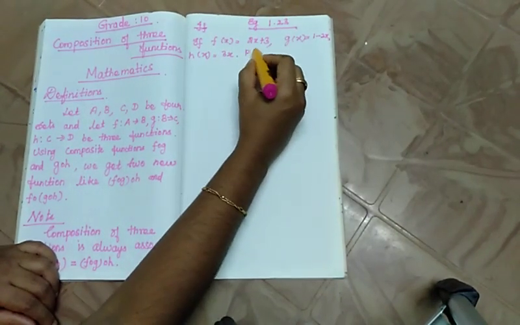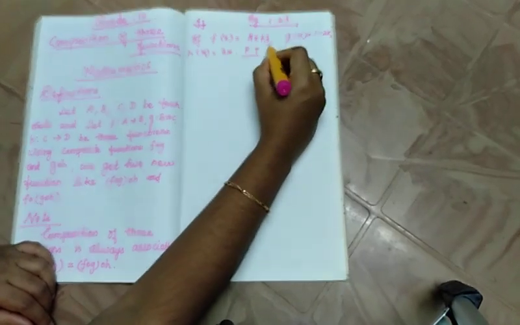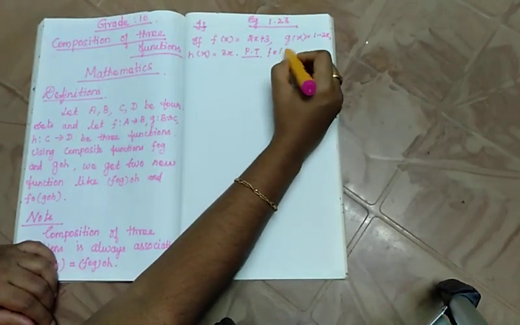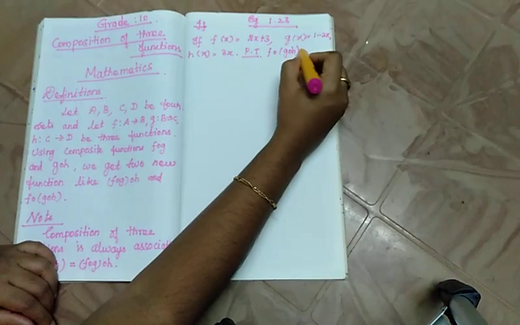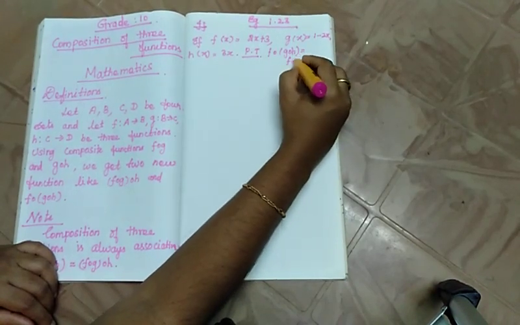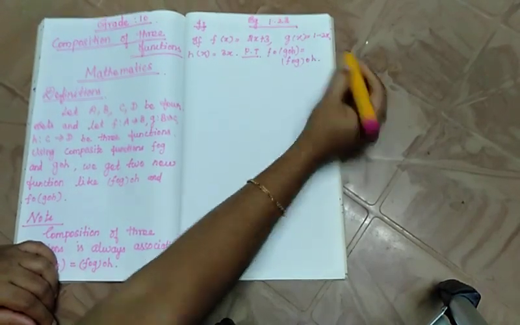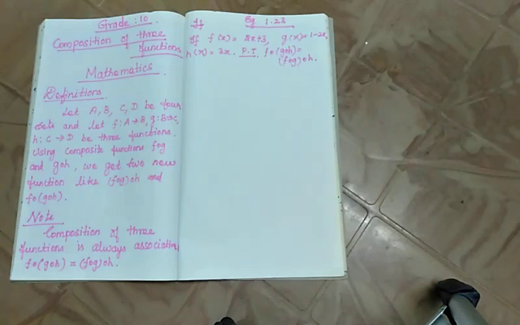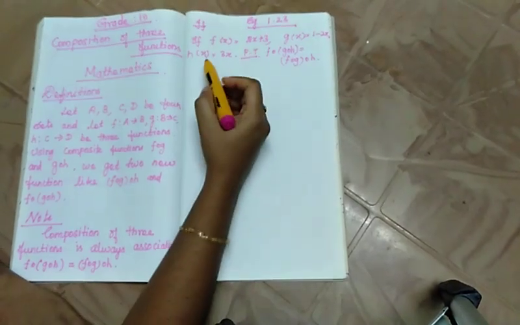Prove that f of (g of h) is equal to (f of g) of h. First prove the left hand side, then prove the right hand side.